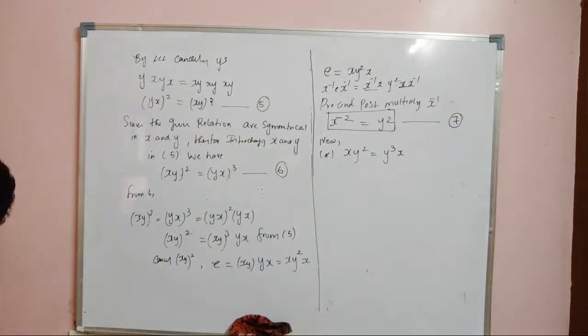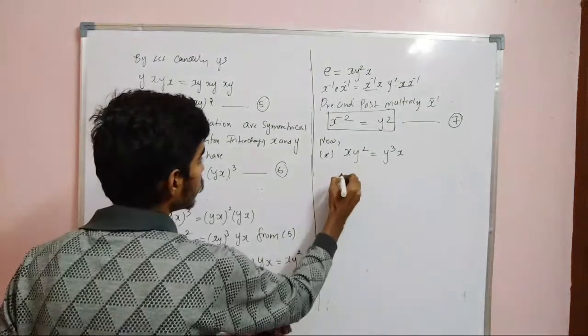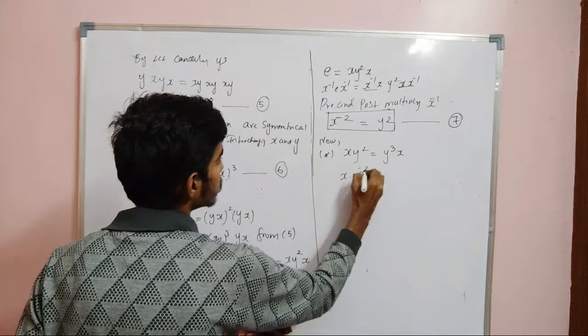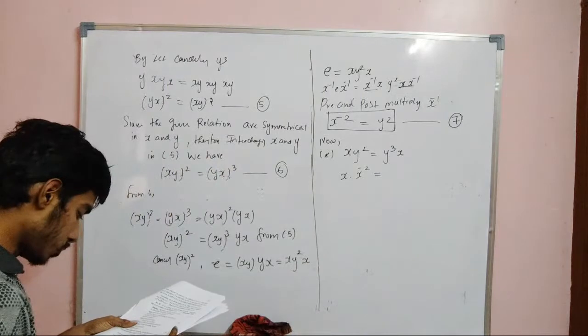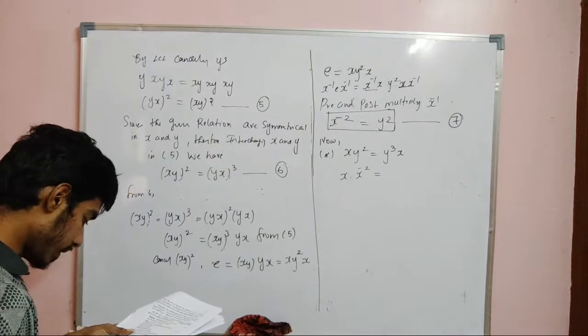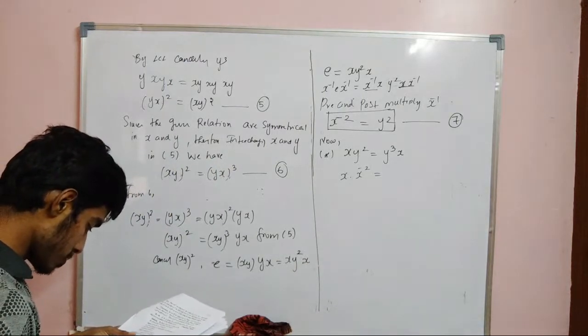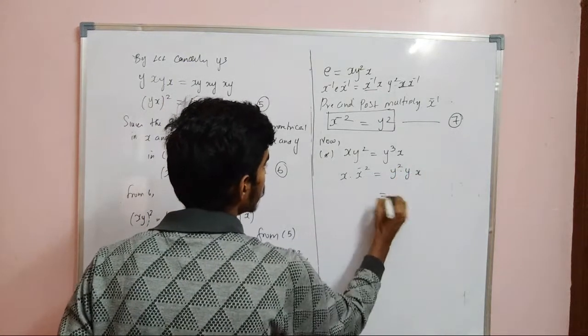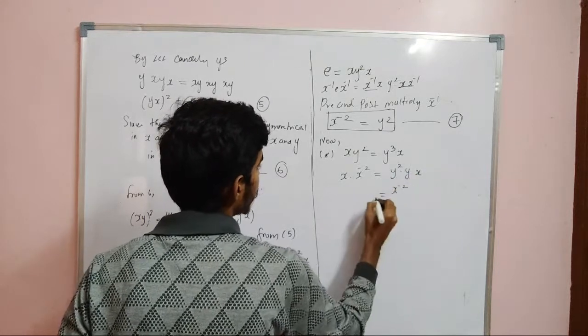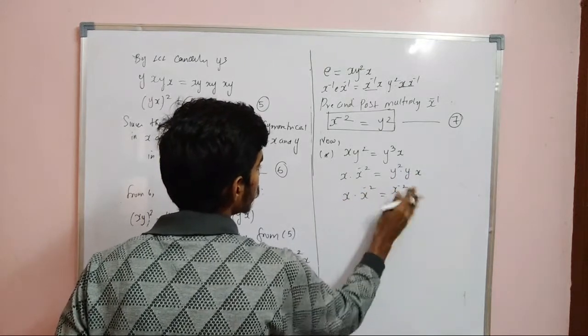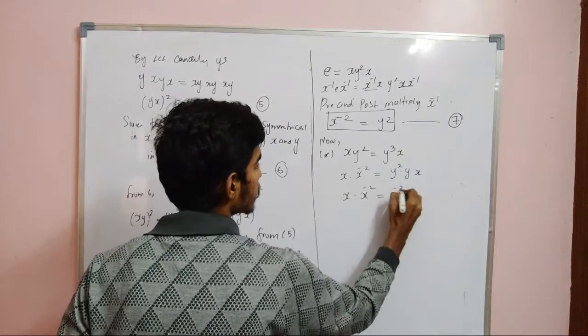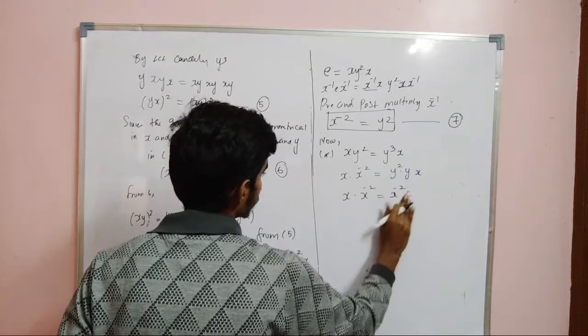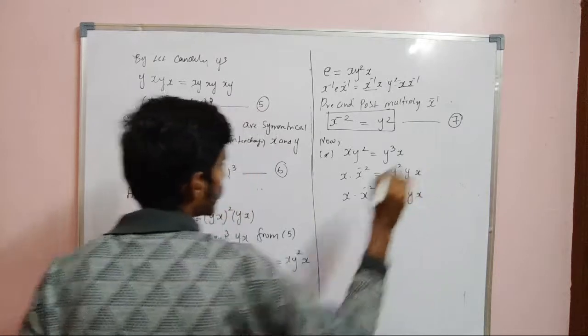So instead of y square I am going to put x power minus 2, and I can write y cube as y square into y, and instead of y square I write x power minus 2. So we have x into x power minus 2 is equal to x power minus 2 yx.